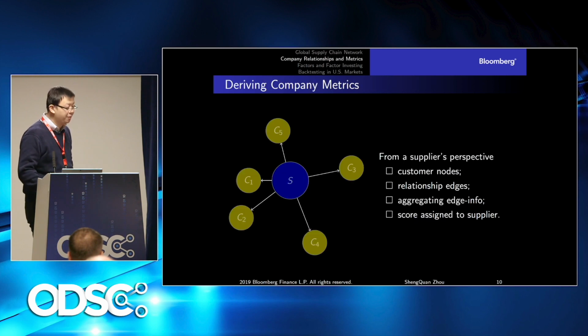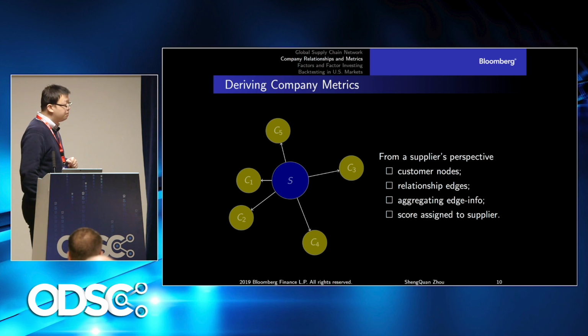But in this talk, we will focus on one particular topic, which is factor investing: how to derive company metrics from supply chain data, and how to use them as an equity factor. In this illustration, the center blue circle shows a supplier and a number of customers around it.